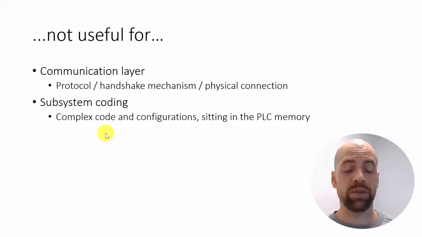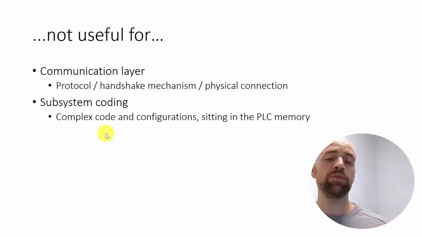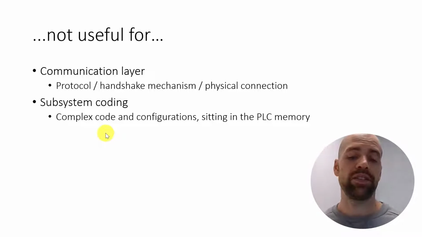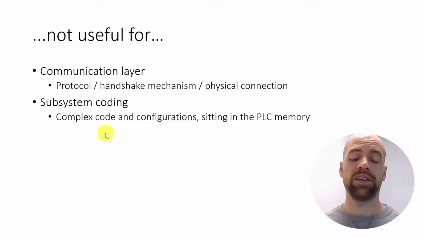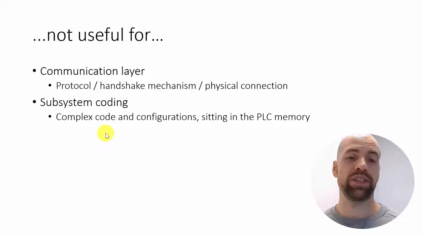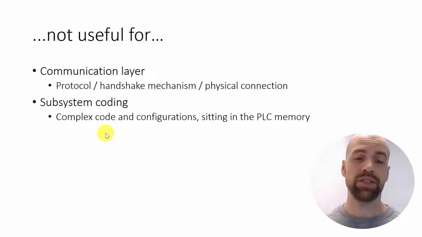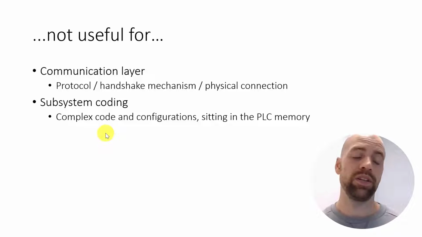The emulation, I will come to that later, simply assumes everything is fine, or just gives you the answer that you expect. But it does not validate any single line of code on the subsystem. That's also obvious, but I would really recommend to plan a lot of time for testing with the real subsystem in addition to using the emulation, no matter how complex or non-complex your MFS project is.